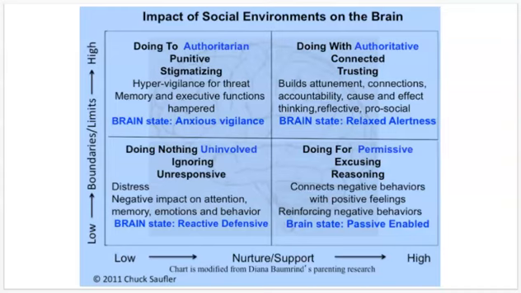And so then when we go back up to the with box, this is authority also, but it's authority that is used in connecting, building relationships, and it's authority being used when you have a trusting environment. So yeah, you can be authoritative and it can be punitive, but what you want to do is move that over. And of course, you have to build the relationships first to make that trusting environment.